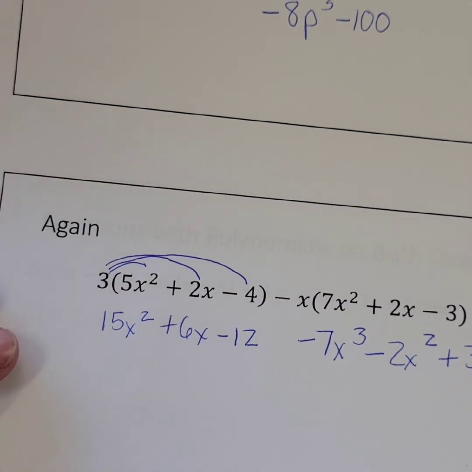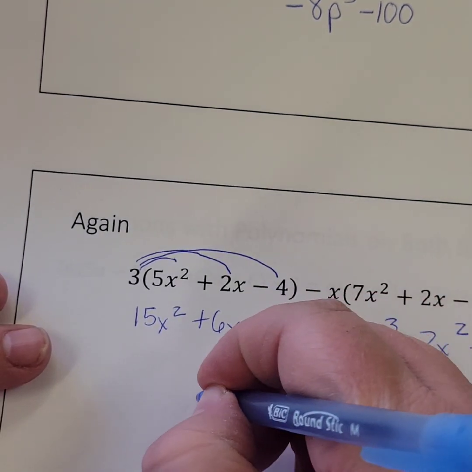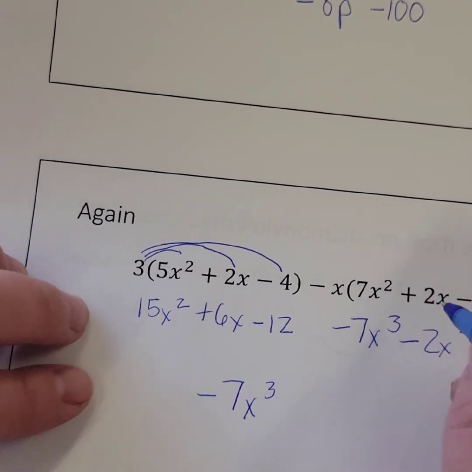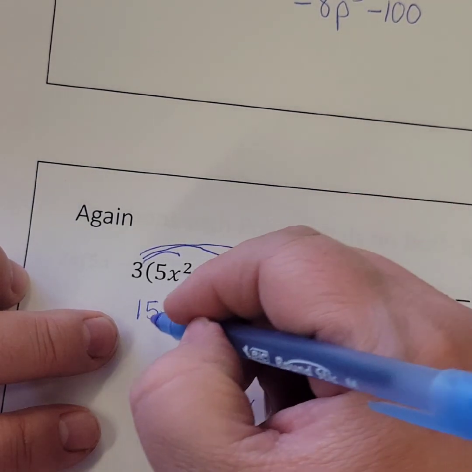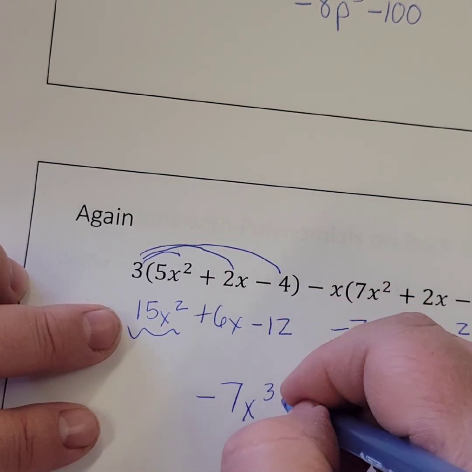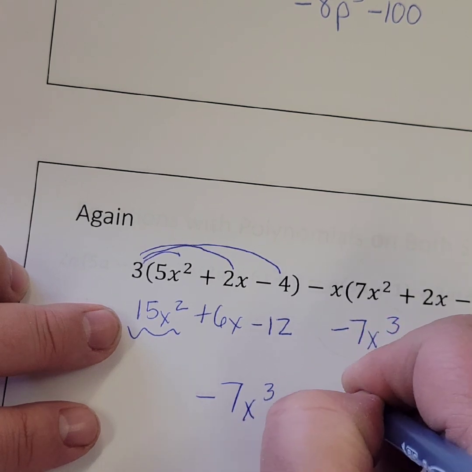Okay, so now we have, this doesn't have anything to go with it, so we just drop it down because it's the highest exponent. Okay, now we deal with the x squared, so that one and that one. So 15 minus 2 is 13, positive 13x squared.